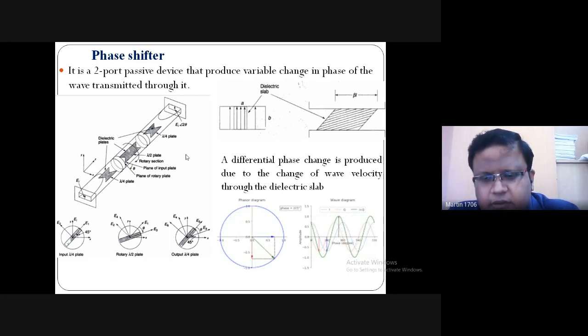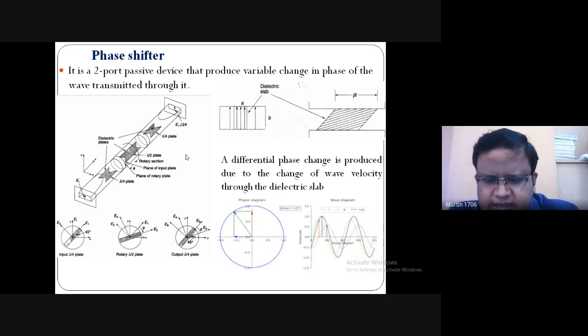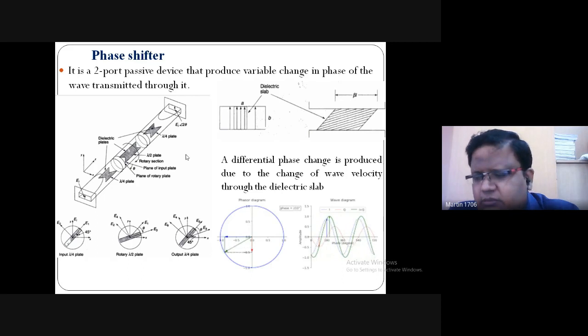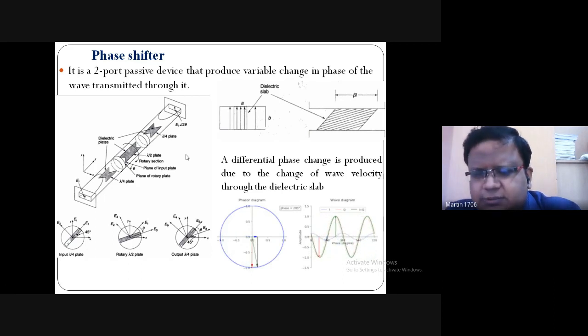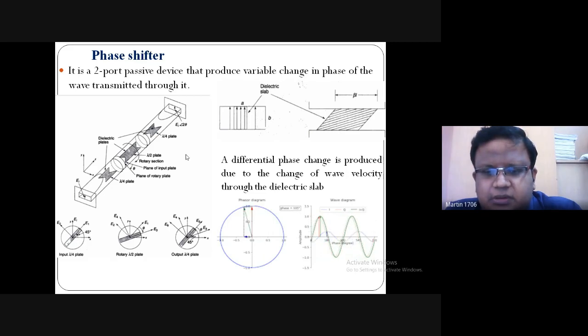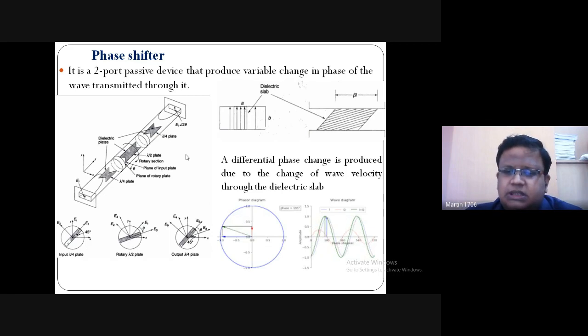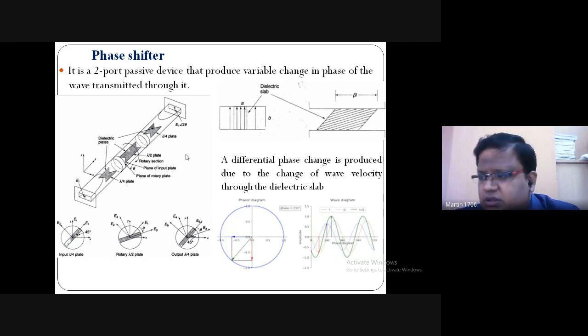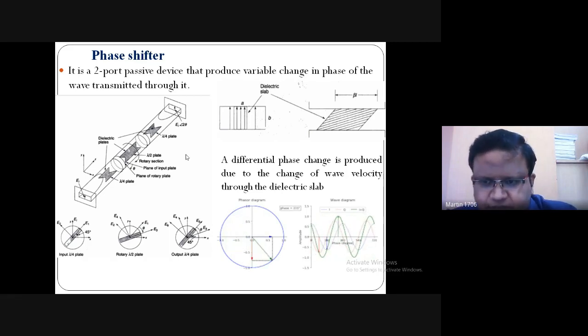I am considering our input signal in one axis, the x-axis. In the y-axis, a reflected signal will be there. When it goes inside the medium across the rotator, it goes like this, with a progressive phase shift added along with your input signal, and it travels with some velocity.